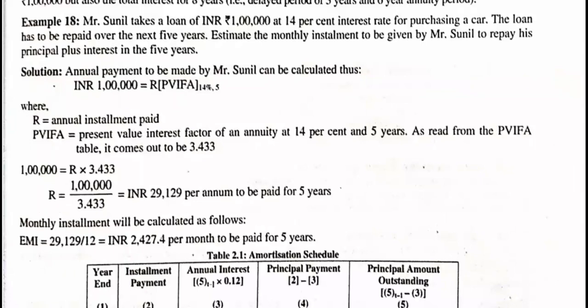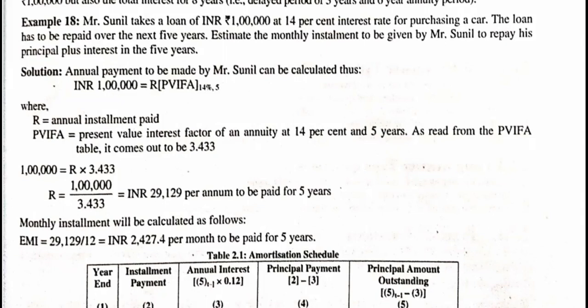Estimate the monthly installment to be paid by Mr. Sunil to repay his principal plus interest in 5 years. So the question is, Sunil has taken a loan of 1 lakh at 14% interest to purchase a car, and that loan has to be repaid in 5 years as monthly installments, covering principal plus interest.